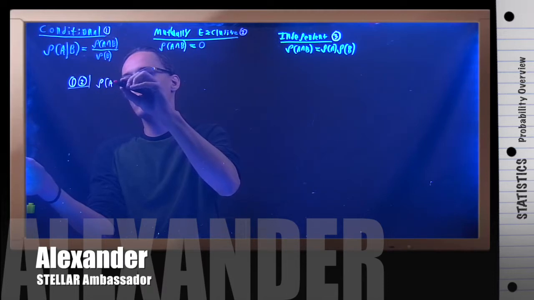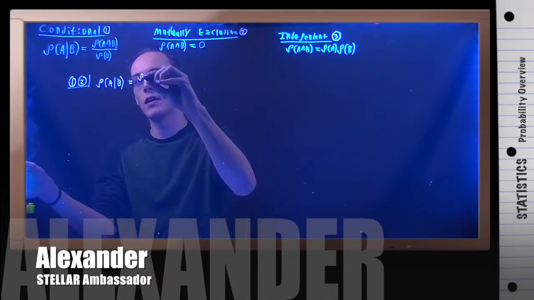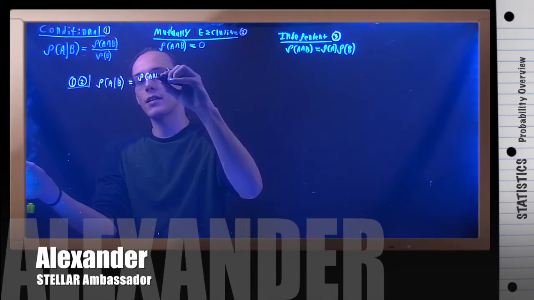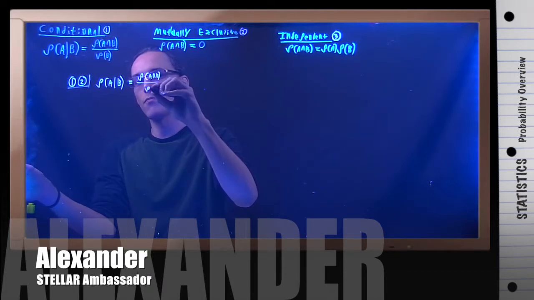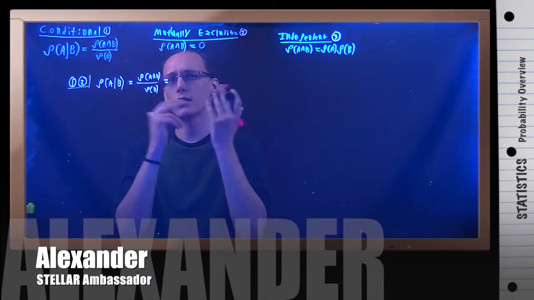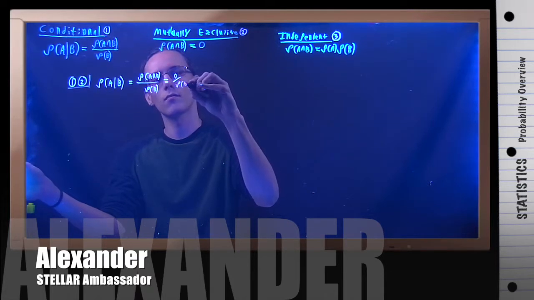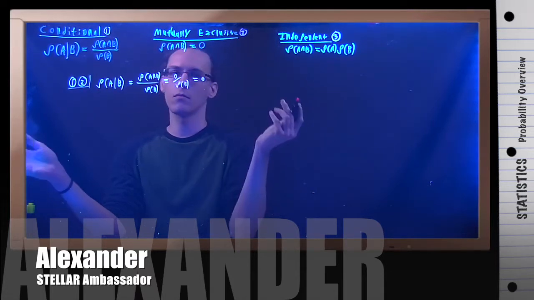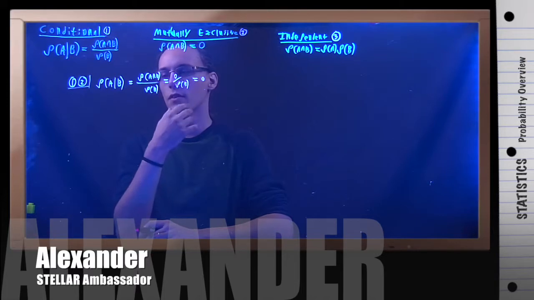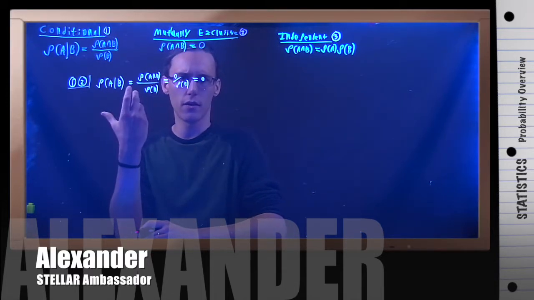We know that the probability of A given B is equal to the probability of A intersect B over the probability of B. But we also know that the probability of A intersect B is 0. So this is 0 over the probability of B, which is just 0. Well, that's kind of strange.